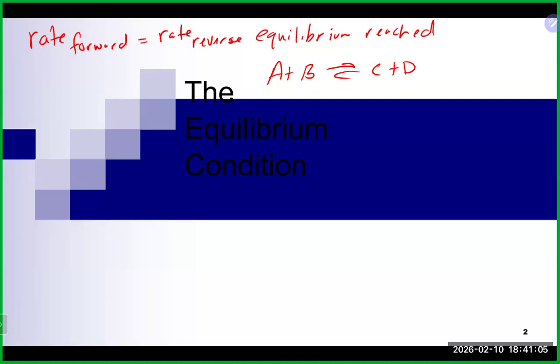It means just as quick as it goes from reactants to products, those products will recombine and make more reactants. Now, what does that mean? Does that mean you end up with an equal amount of everybody on both sides? The answer is usually no, it doesn't mean that. It means that when this reaction reaches equilibrium, it locks everybody into place.